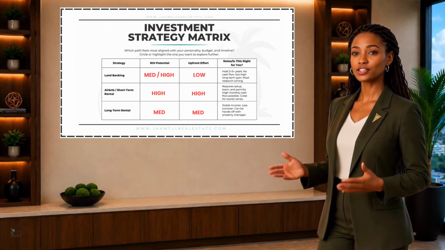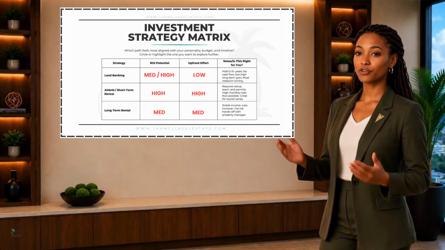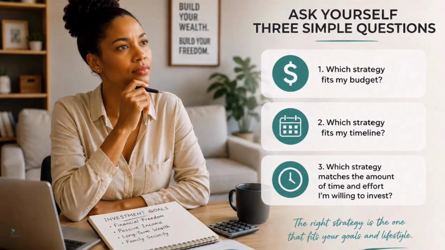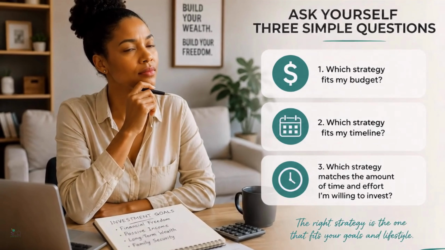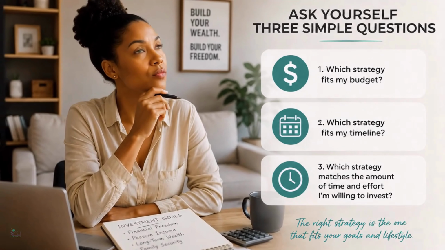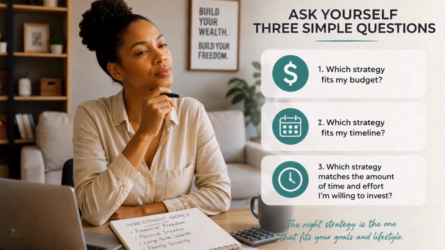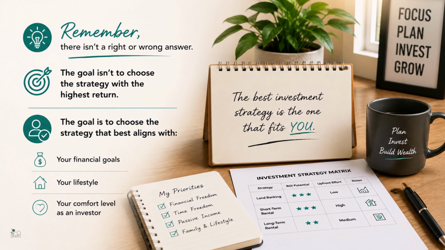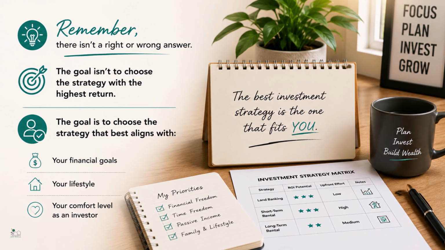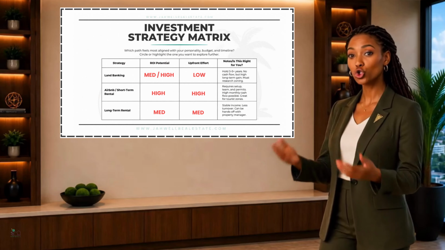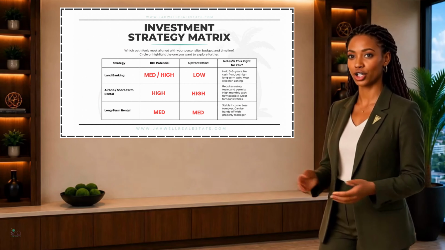As you review these strategies, ask yourself 3 simple questions. Which strategy fits my budget? Which strategy fits my timeline? And which strategy matches the amount of time and effort I'm willing to invest? Remember, there isn't a right or wrong answer. The goal isn't to choose the strategy with the highest return.